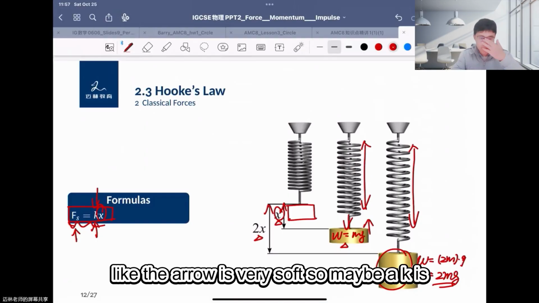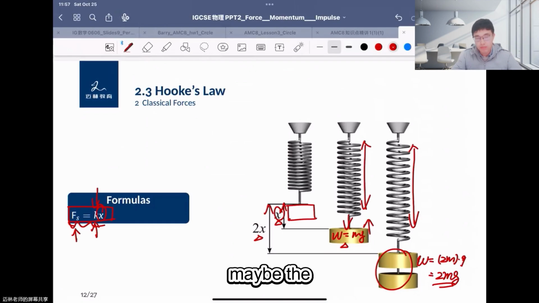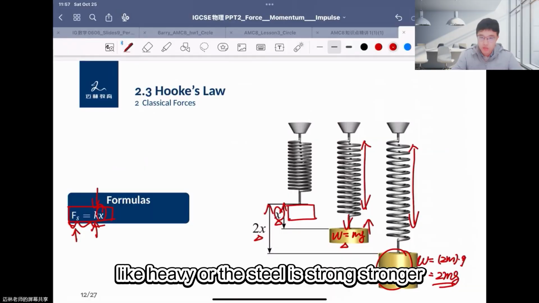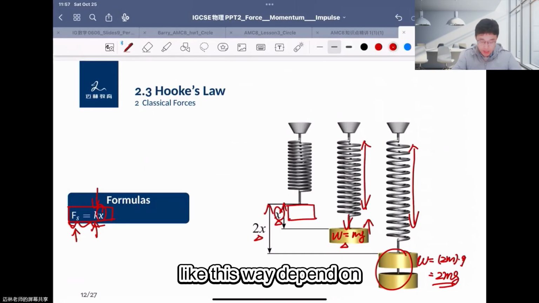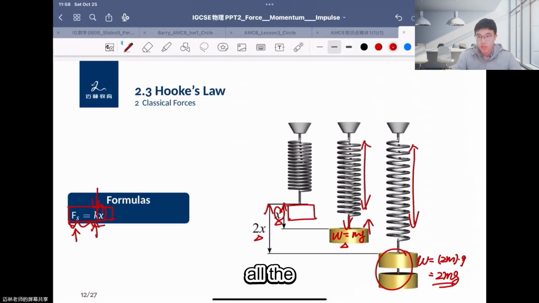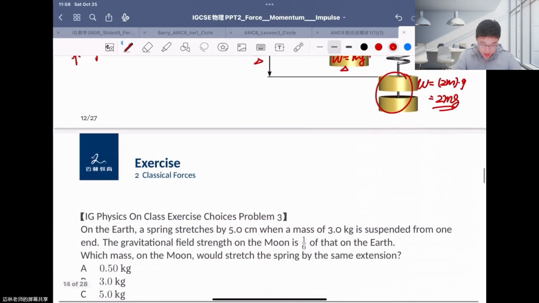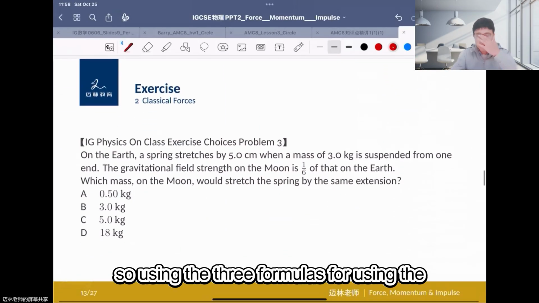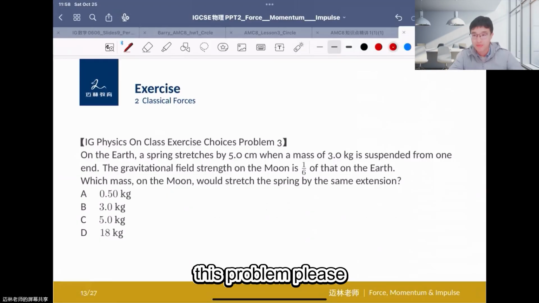Like iron is very soft, so maybe its k is very small, and steel is stronger than iron, so we can say its k becomes bigger. It depends on how the material affects the elasticity. So using the three formulas, or the three classical forces, please try to solve this problem.